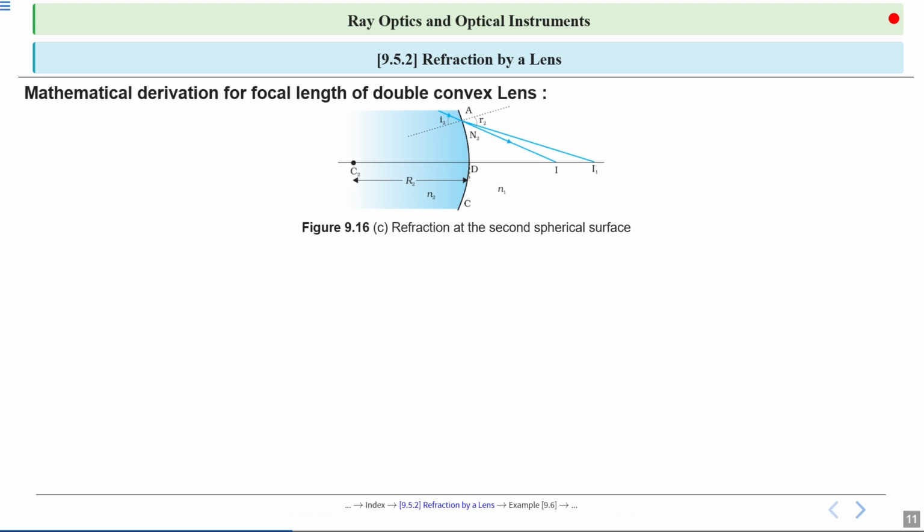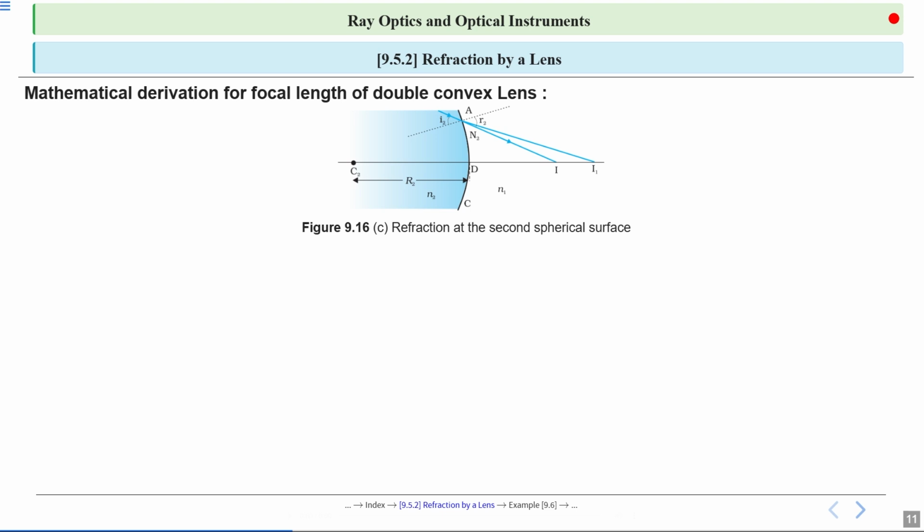Why is it towards I1? Because it is the light ray refracting from the first spherical surface, and due to the first spherical surface, a temporary image is formed at I1. Now in the path of this refracted ray from the first spherical surface, we have placed another spherical surface ADC. Now refraction will occur a second time.